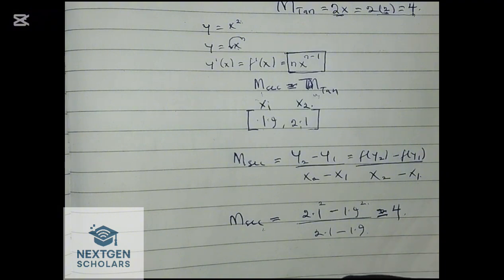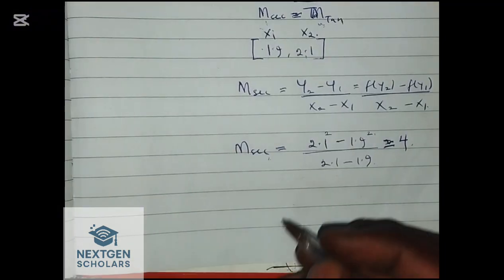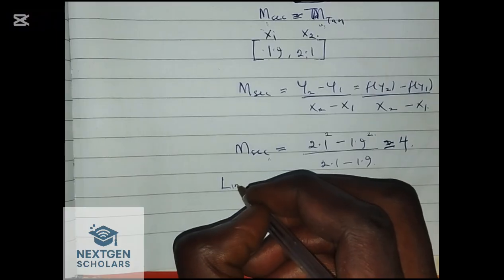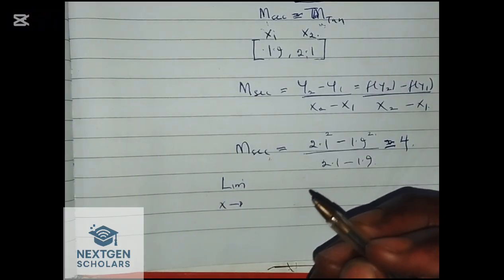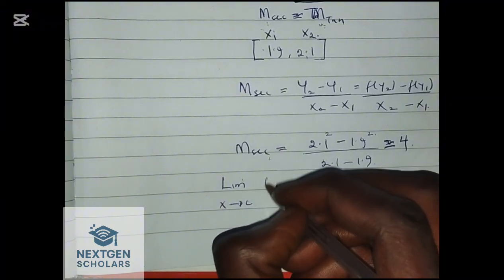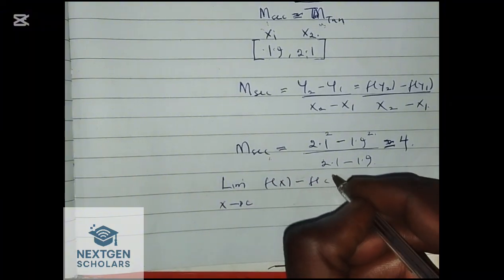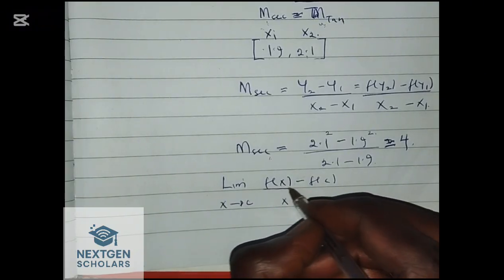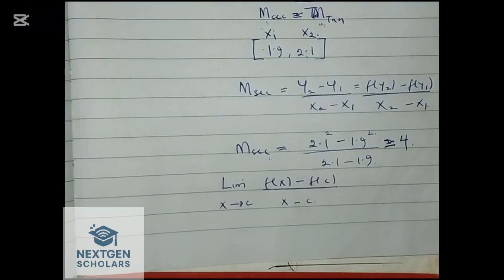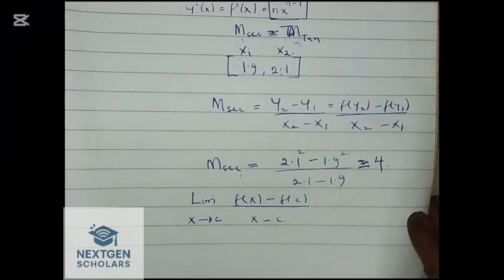Now we can also apply the limit, and the limit formula says that the limit as x approaches our value c of f of x minus f of c all over x minus c. This is a limit formula that you can apply. Now let us apply this and see what we get.